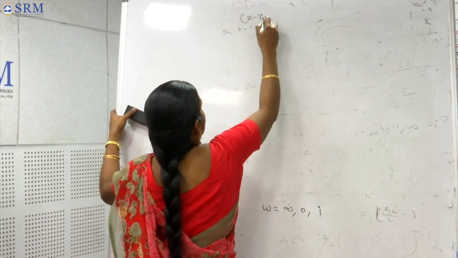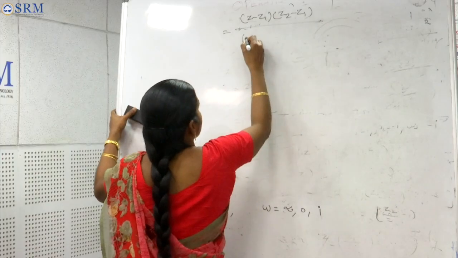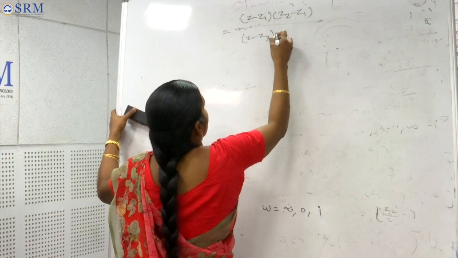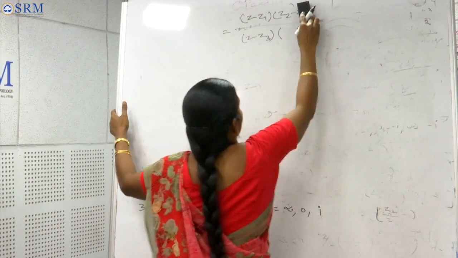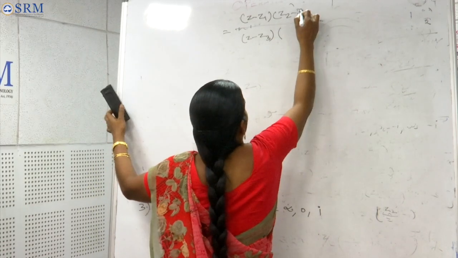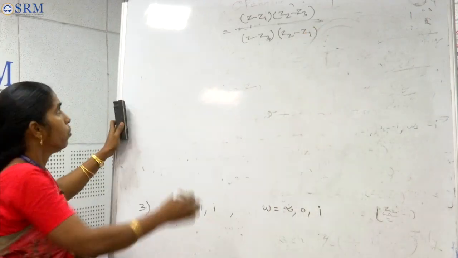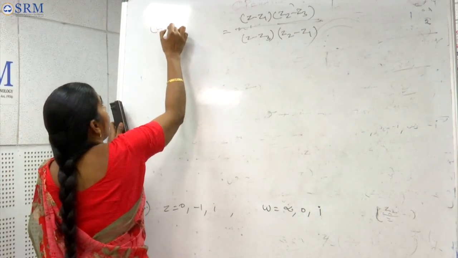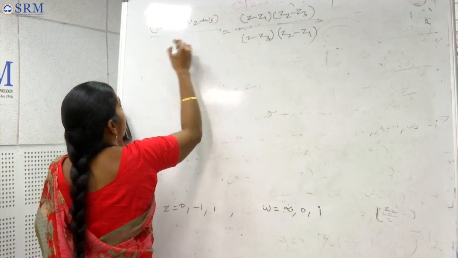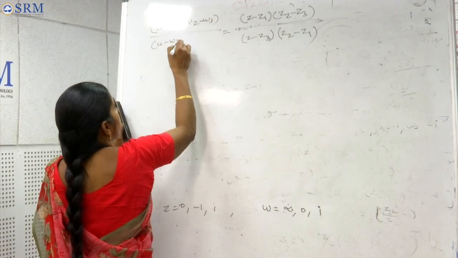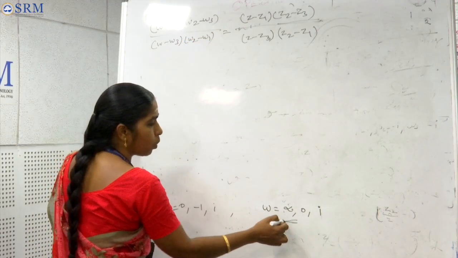The formula is (Z minus Z1)(Z2 minus Z3) divided by (Z minus Z3)(Z2 minus Z1), equal to (W minus W1)(W2 minus W3) divided by (W minus W3)(W2 minus W1). In your problem, W1 is infinity.